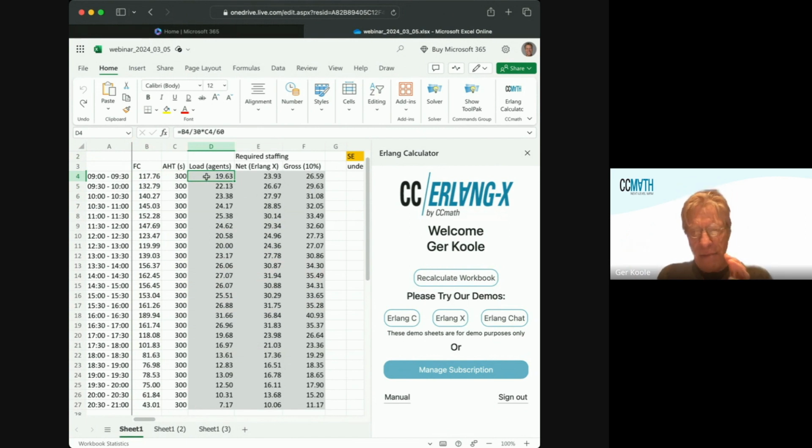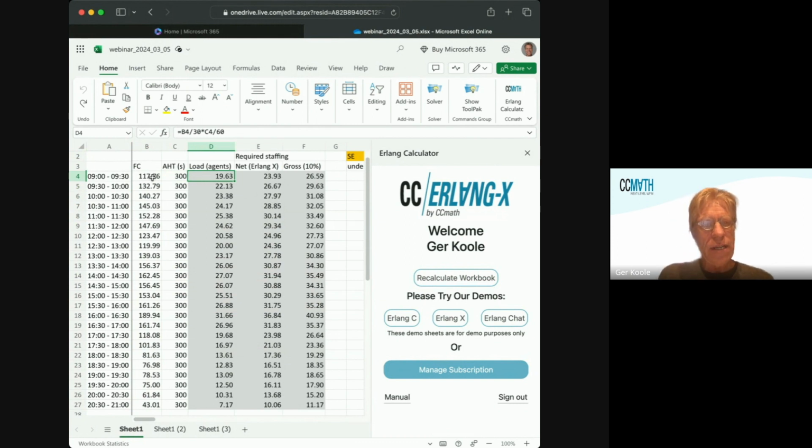Here, I'm not doing that. I'm calculating the load in terms of the number of agents that I need every half hour. It's easy to transfer one into the other, but this is the number of agents that you really need to be sitting on the phone at every moment during this half hour to make sure that you can handle the load in that half hour.